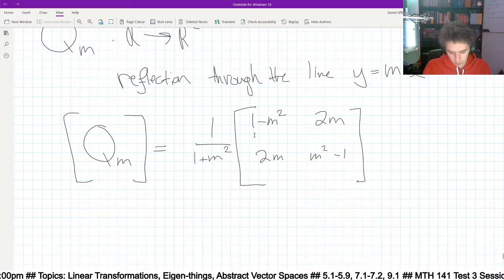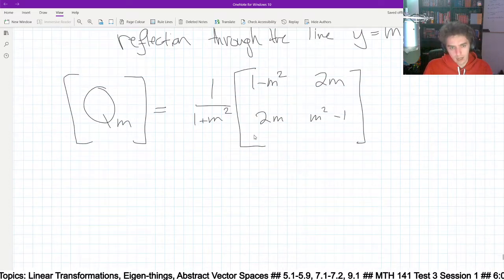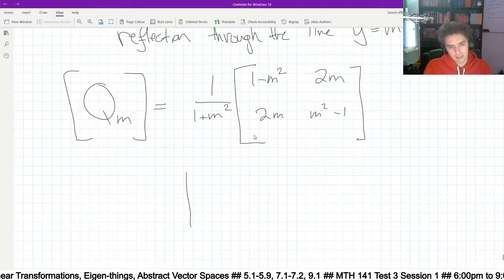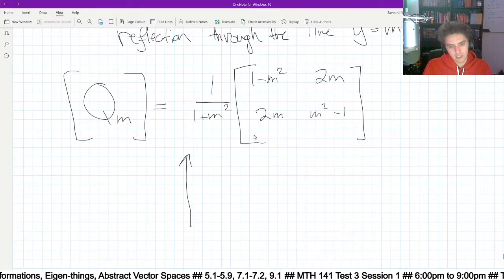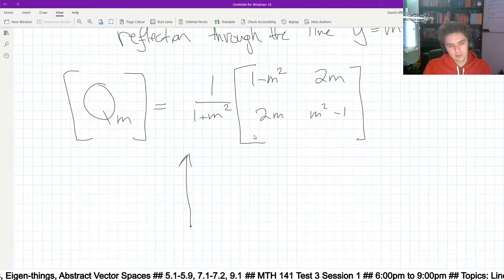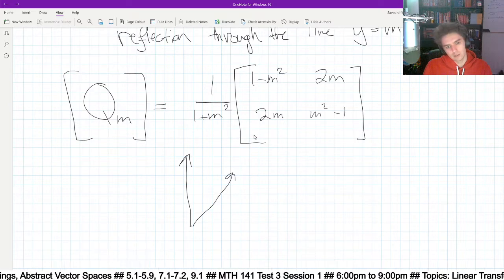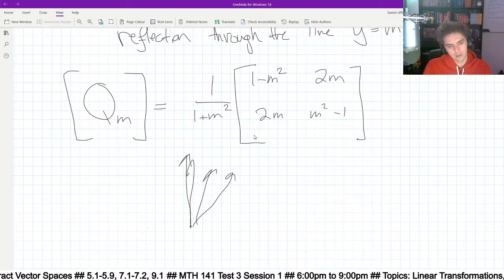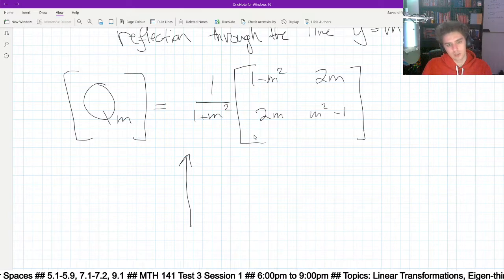There's a couple special ones, right? What if I wanted to do the y-axis? Well, that's kind of like a slope of infinity. A slope of 5, slope of 100, whatever. Slope of infinity is just the y-axis.